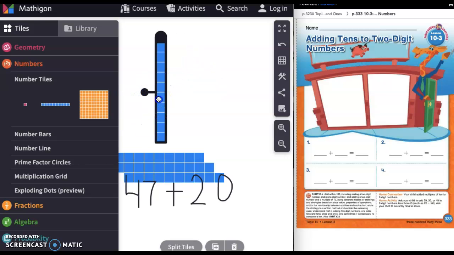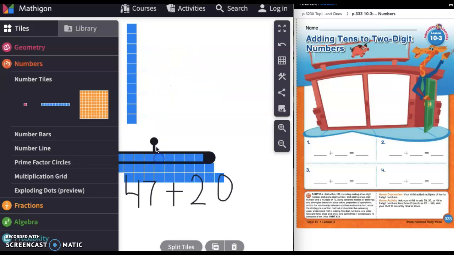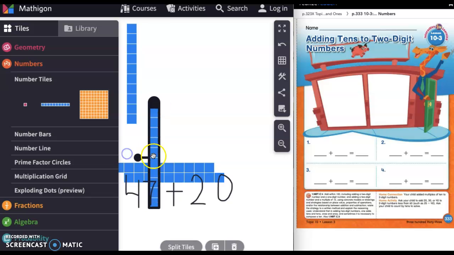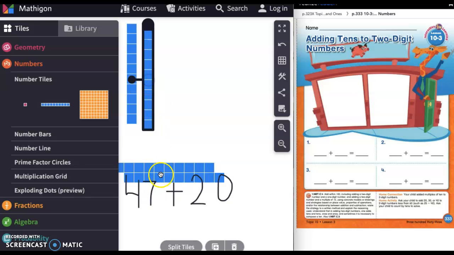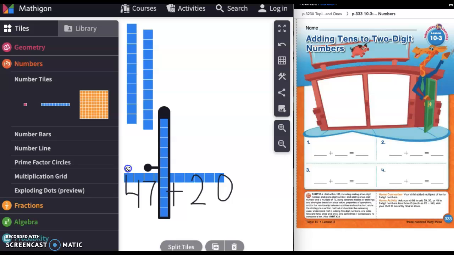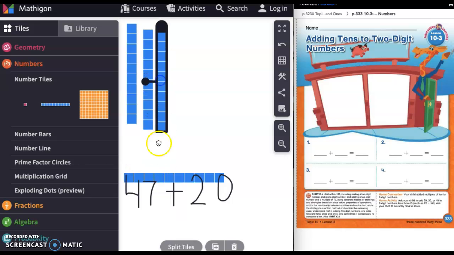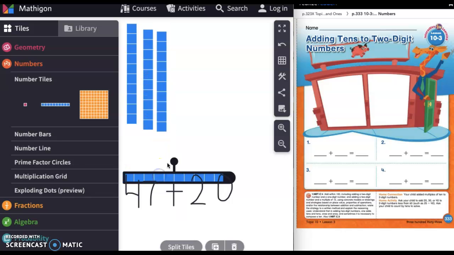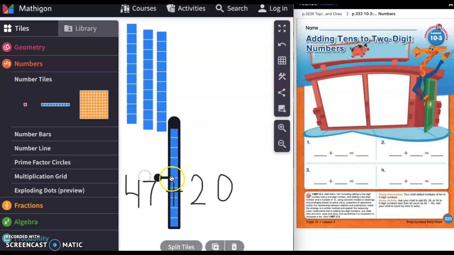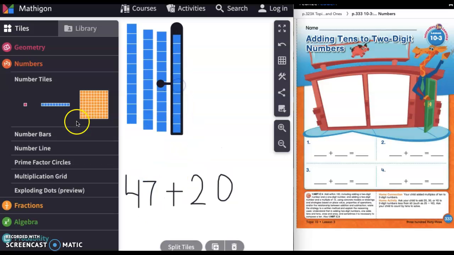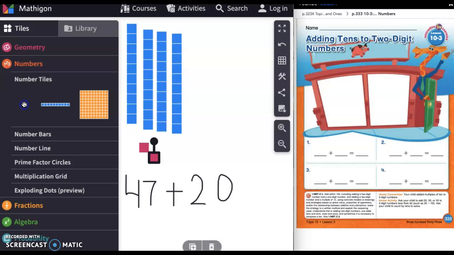Flip them. 4 groups of 10. And 7 ones. 1, 2, 3, 4, 5, 6, 7. Okay, that shows me 47.